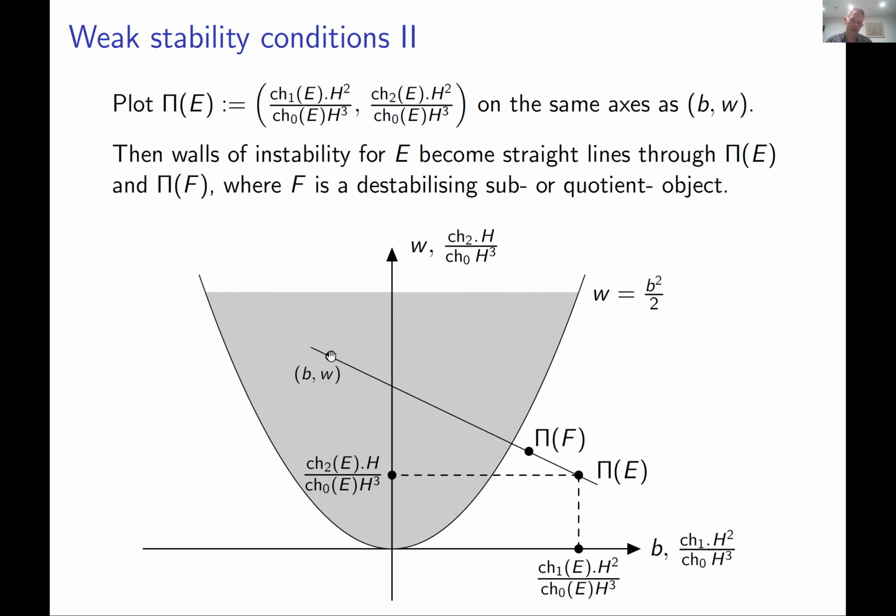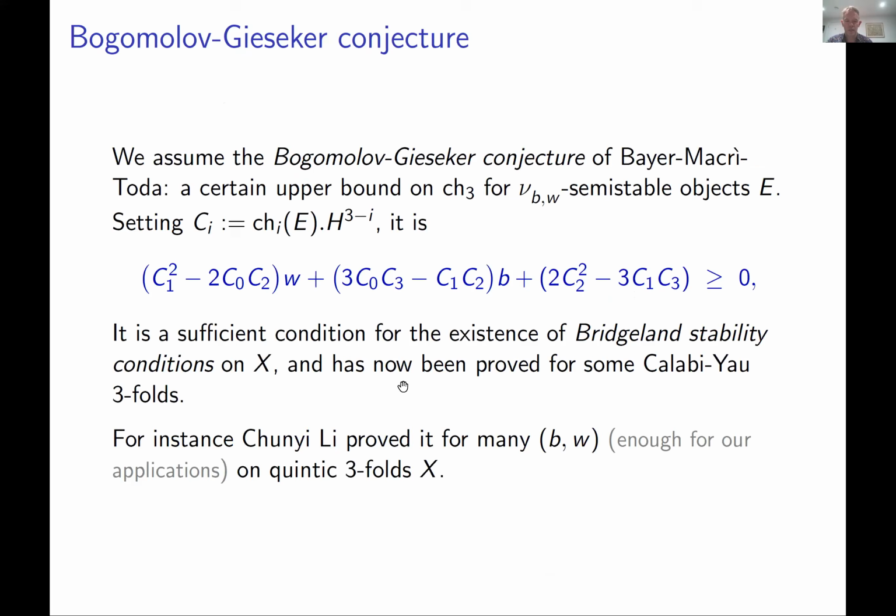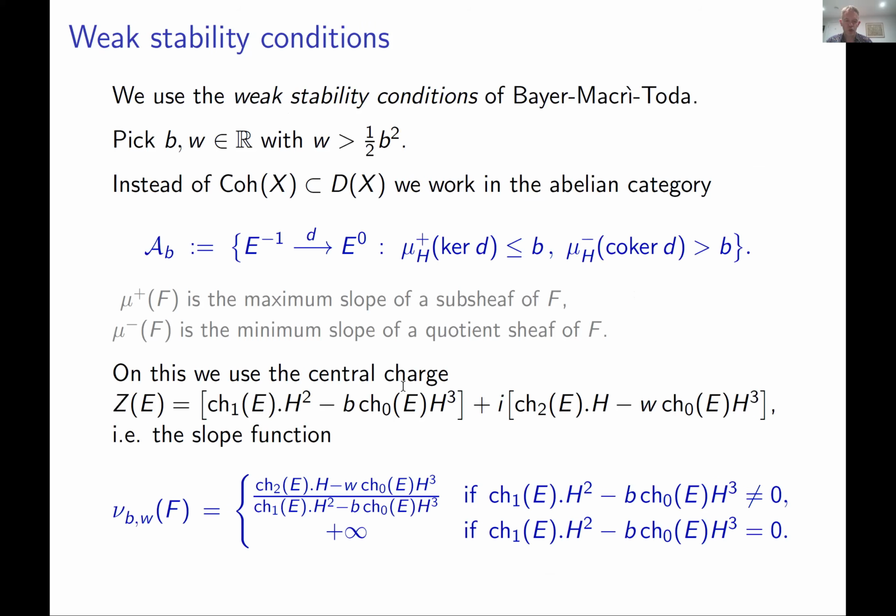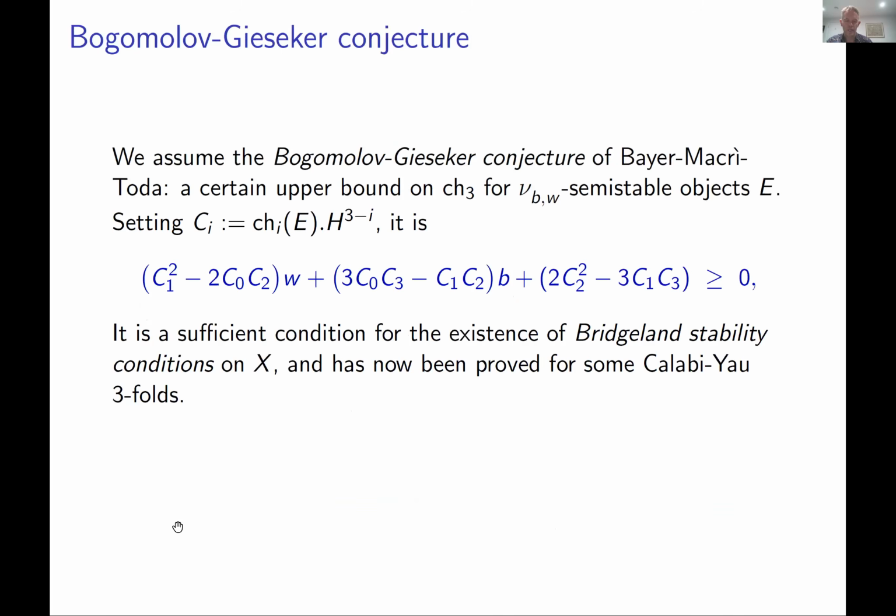So I can move B and W always along this wall, and the slope of E won't change, and its semi-stability won't change. And the slope of this wall, of this line joining B and W and pi of E, is the slope of E. It is this quantity nu BW of E. So this is the way we're determining the slope.